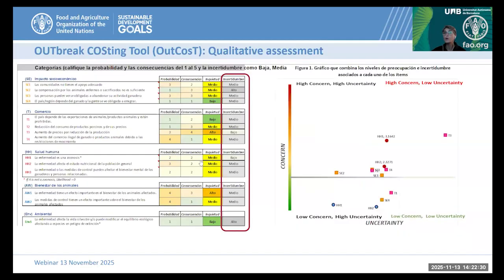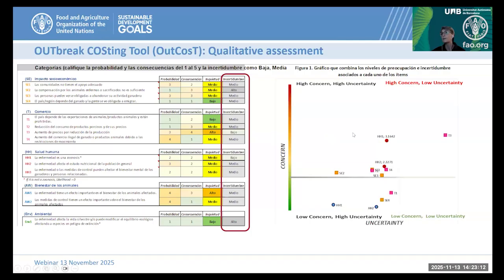In the latest version of the tool, we also added the uncertainty. The uncertainty is a rough, very approximate estimation of how sure the user is of the value being used, or of the score being attributed to individual items. This can be due to natural variability or to lack of data. We cannot discriminate this. But in a certain way, the tool is able to give you a visual result that takes into account both the level of concern and the uncertainty.